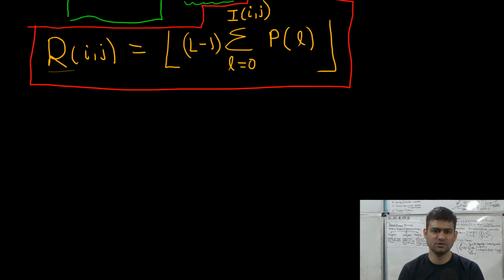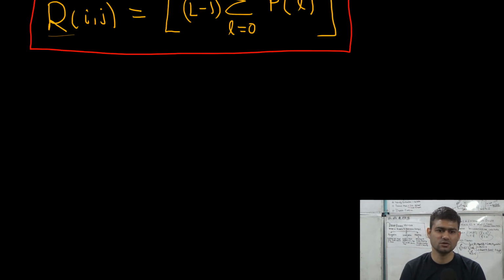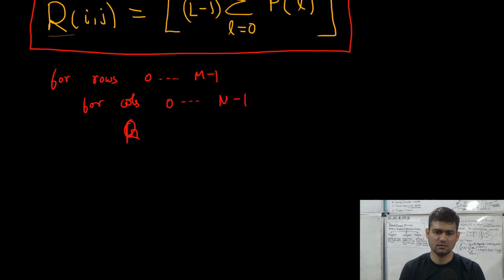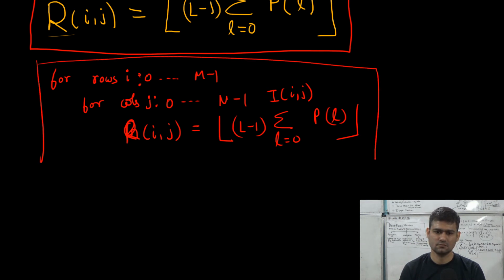The way to implement this in a computer is to first compute the normalized histogram of the image, then iteratively run perhaps two nested loops, one for rows going from 0 to m minus 1, and one for columns going from 0 to n minus 1, and replace R_ij with the nearest integer of L minus 1 into the sum over all L equal to 0 to I of i, j, of P of L. And we have end.